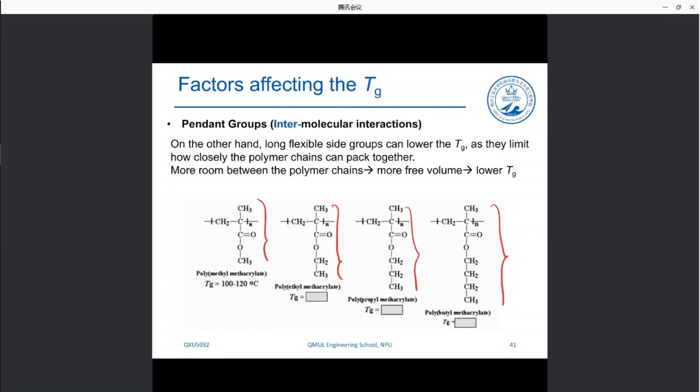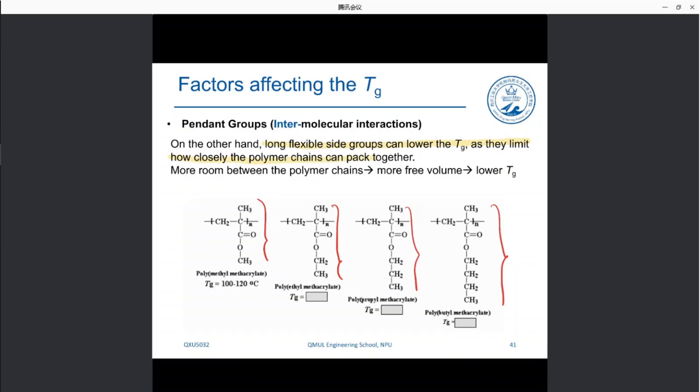If we have very long side groups like that on top and on the bottom of the main macromolecular chain, that essentially prevents the macromolecular chains from packing closely to each other. So instead of being packed like this, the chains are packed like this because you have the side groups here. And because you have these flexible side groups, these essentially reduce the glass transition temperature because they add more free volume to the polymer. Okay, so long flexible side groups lower the TG.